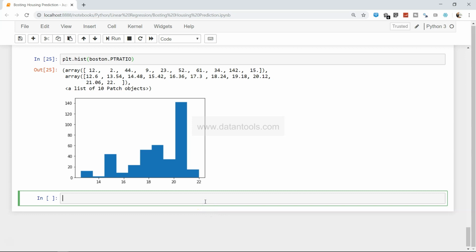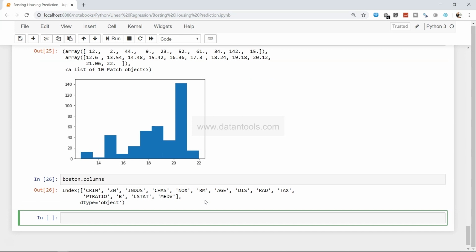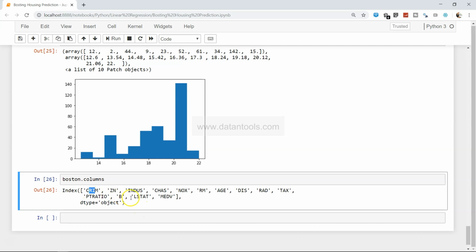So for that, we can simply pick up the columns of our interest. So we have Boston.columns. So we have this index starting with 0, 1, 2, 3, 4, 5, 6, and the column that we had seen is basically the CRIM, and then we have seen the NOx, so 0, 1, 2, 3, 4.